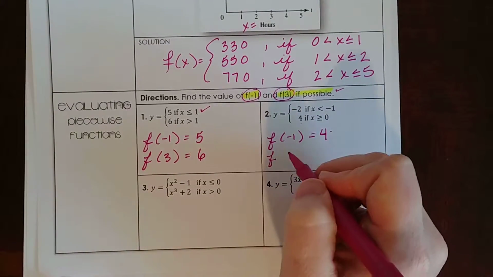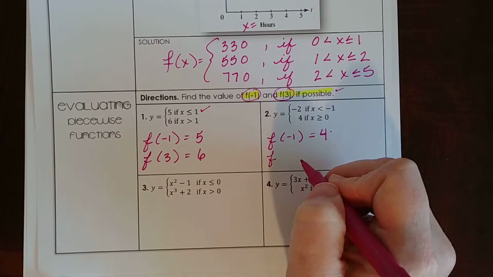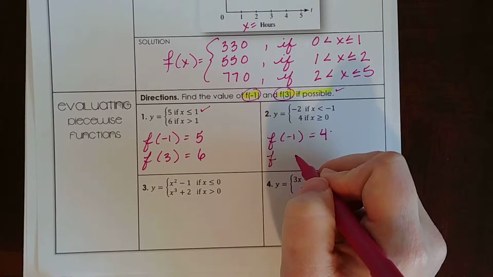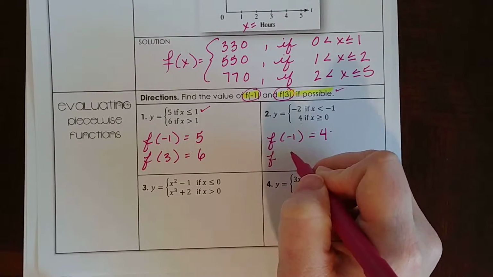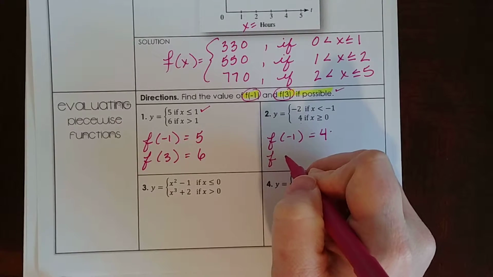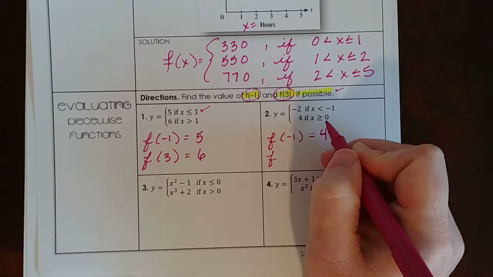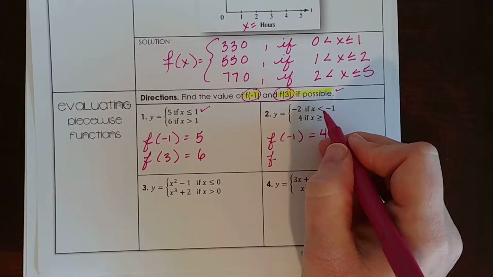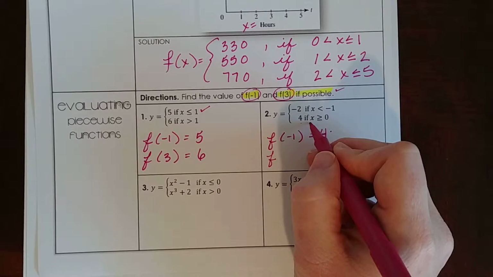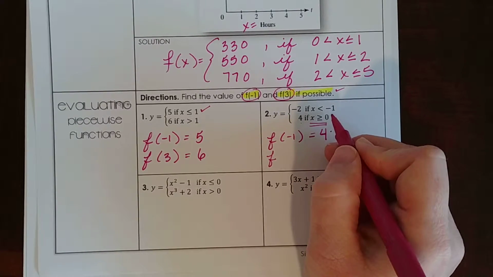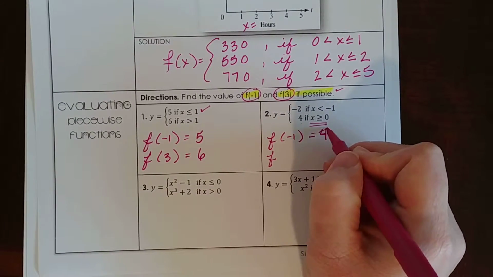However, let's see, f of, oh yes, this is correct, f of 3, okay, hold on, f of -1, this is for x is greater than 0, it's not x is equal to -1.